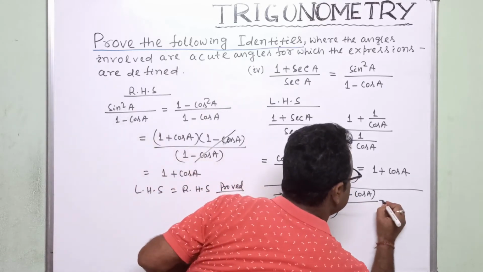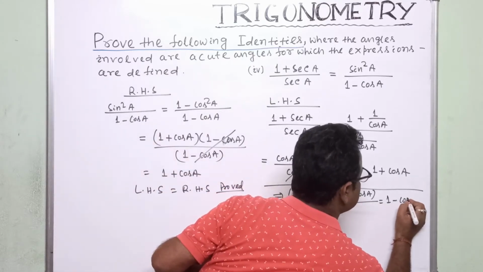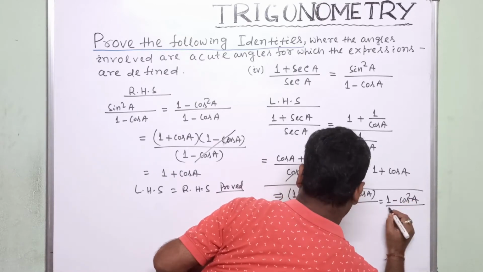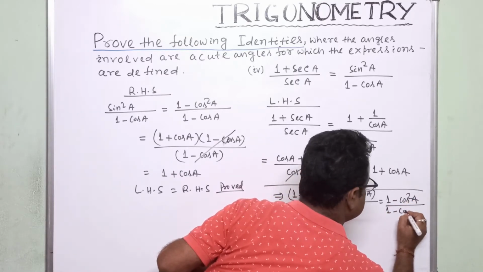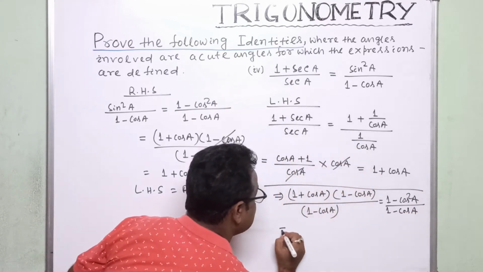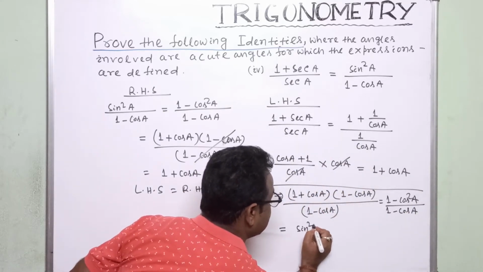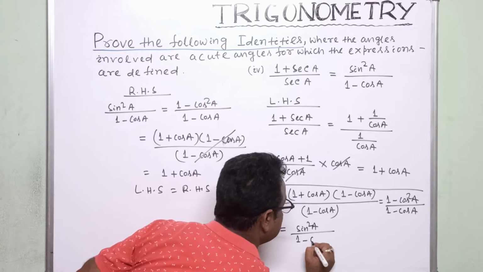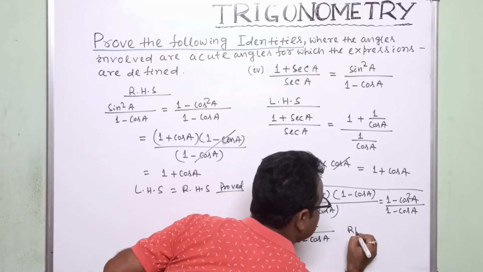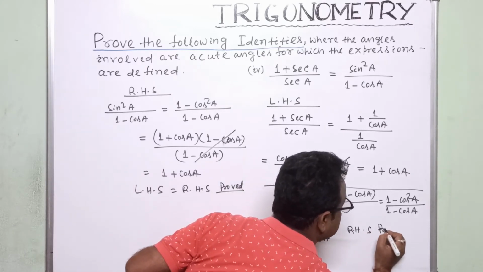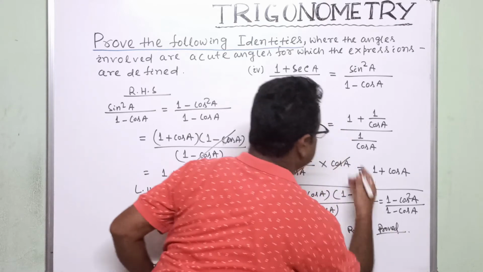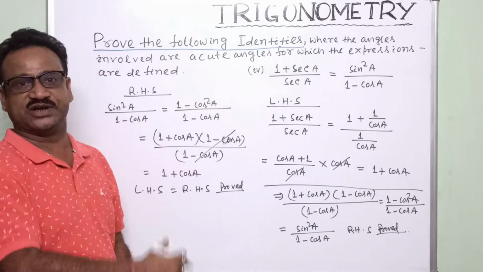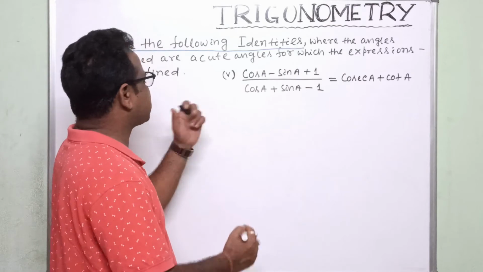That is equal to (1 minus cos square A) by (1 minus cos A). That is equal to sin square A by (1 minus cos A). RHS proved. So in both ways we can solve this. Now move on to the next question.